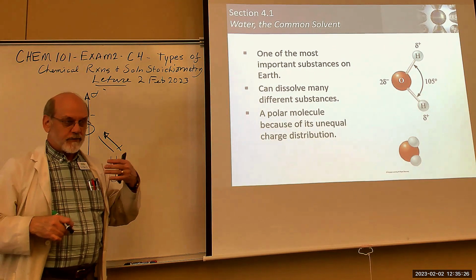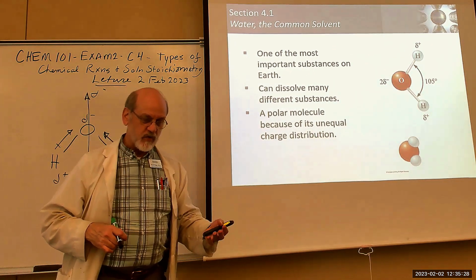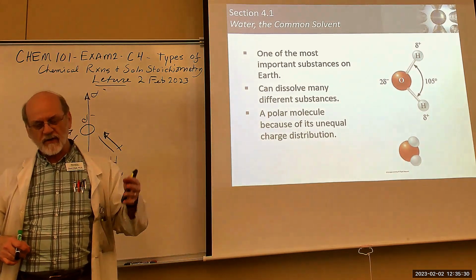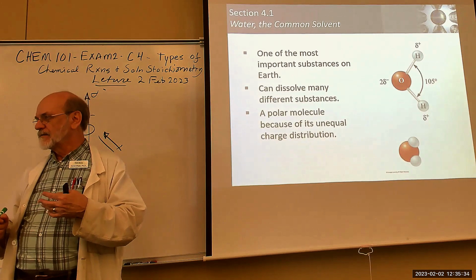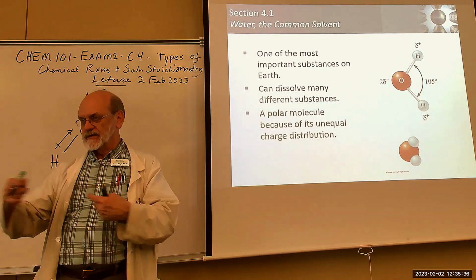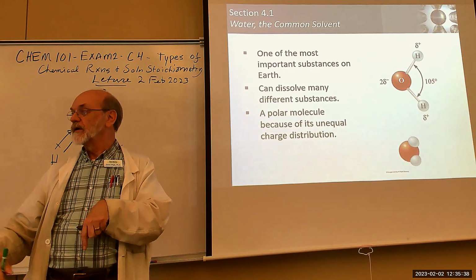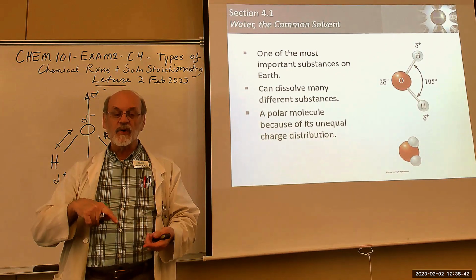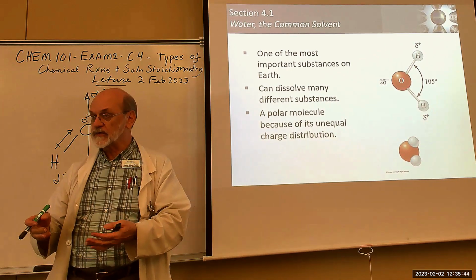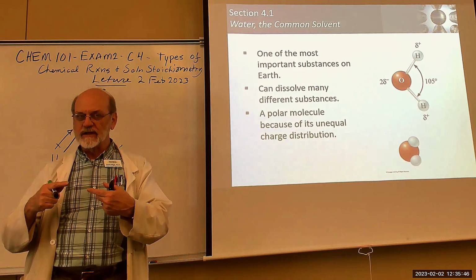And we have, through trial and error at first, and now we understand why, created chemical go-betweens so that water can dissolve non-polar solutes. Those things that are non-polar will go into aqueous solution if we have a go-between.